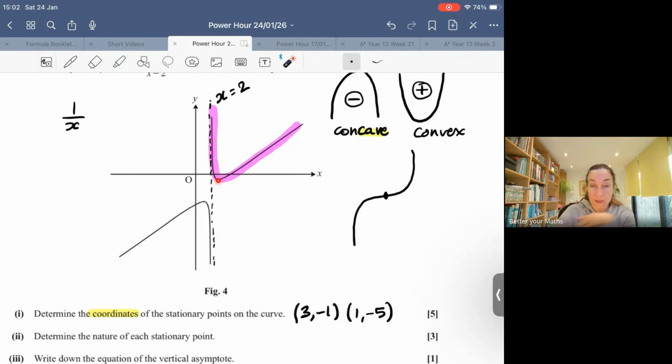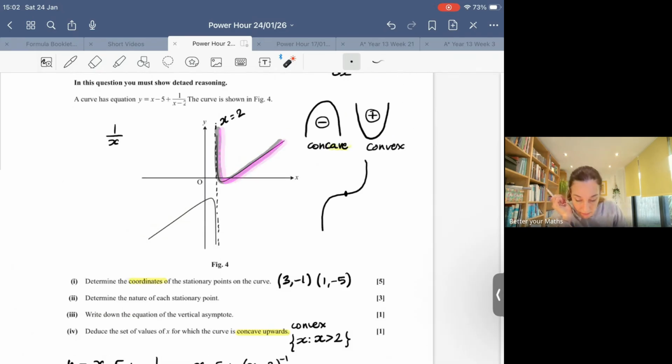Here it is going to be 0 because I have a stationary point, so the tangent is horizontal, and then the tangent is going to be positive gradient because the function is increasing. So the first derivative is negative, 0, positive. The second derivative is going to be positive all the way, while here the function is concave, so my second derivative is going to be negative all the time.